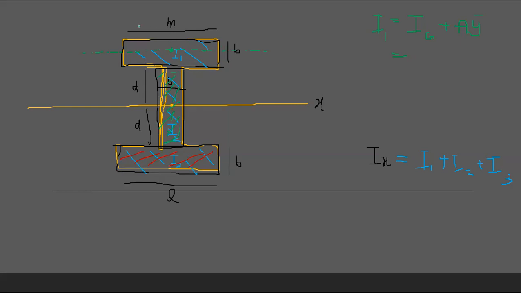So now it's width times d cube over 12, bd cube over 12. Now d is actually b here, since it's going through the centroid, and A is actually mb, right? What is y bar? Y bar is this distance.